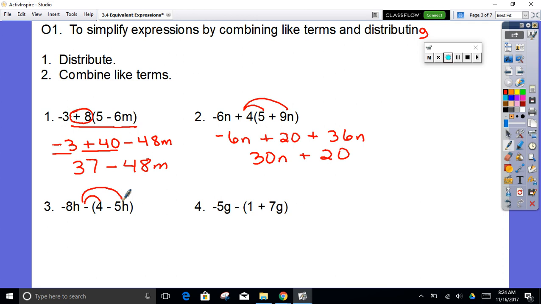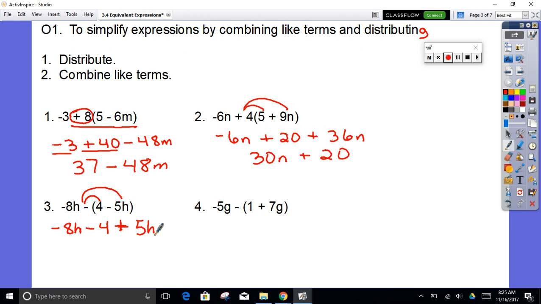So when we distribute that, we would rewrite it as negative 8h minus 4, and minus a negative becomes positive. I usually, as I make the addition sign, I say in my head, minus a negative. And then I'm making those 2 slashes, minus a negative 5h. The subtraction sign in front of the parentheses means that we're subtracting each term in the parentheses.